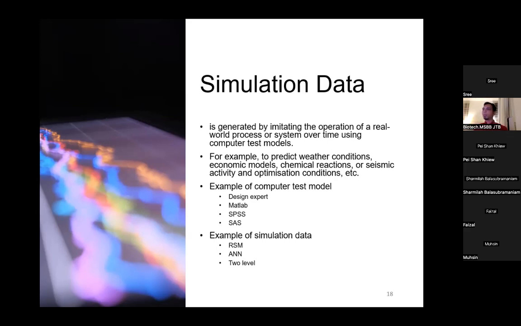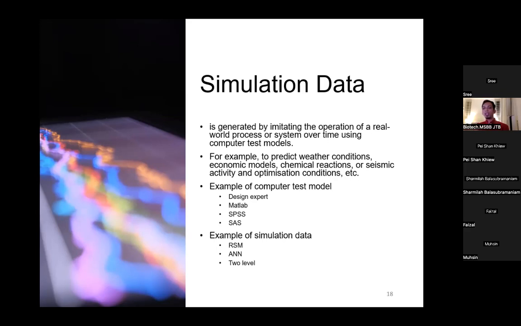So what happened next? Okay, in terms of the analysis, to analyze the simulation data for bioprocessing and biotechnology, we can use RSM, response surface methodology. In RSM, we have many designs of experiments. We can have CCD, we can have Plackett-Burman, and so on.